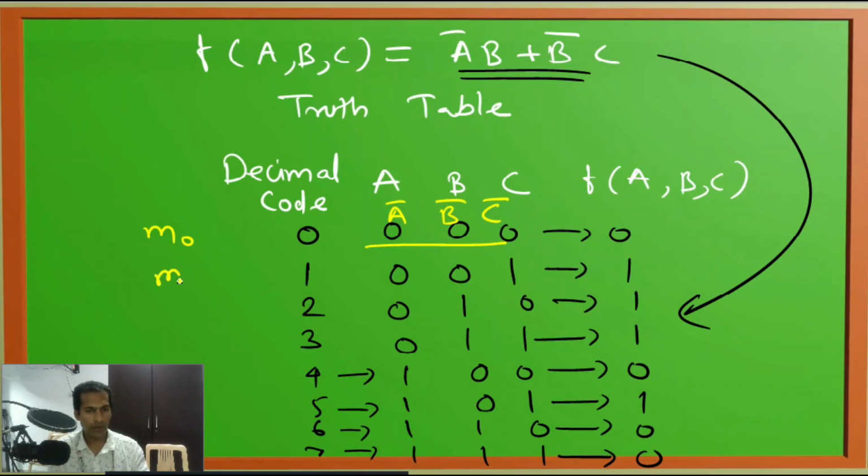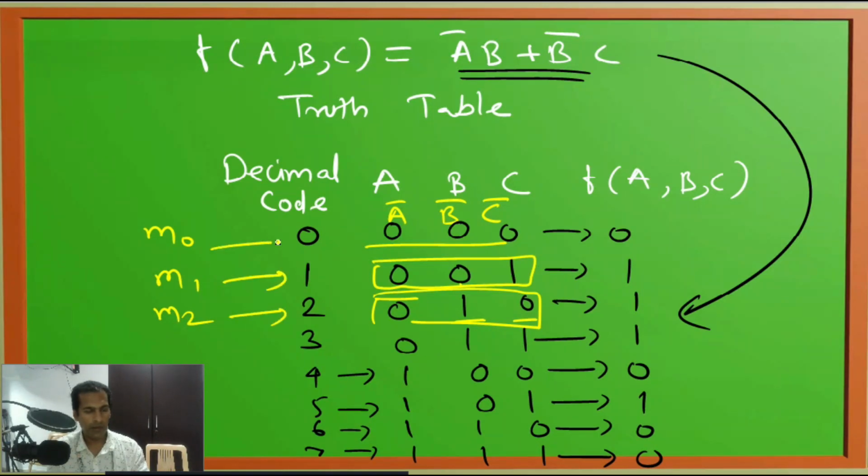So m1 will be equal to A bar B bar C. Then m2 will be A bar B C bar, like this. So these are the min terms. Then what will be m7? m7 will be ABC.